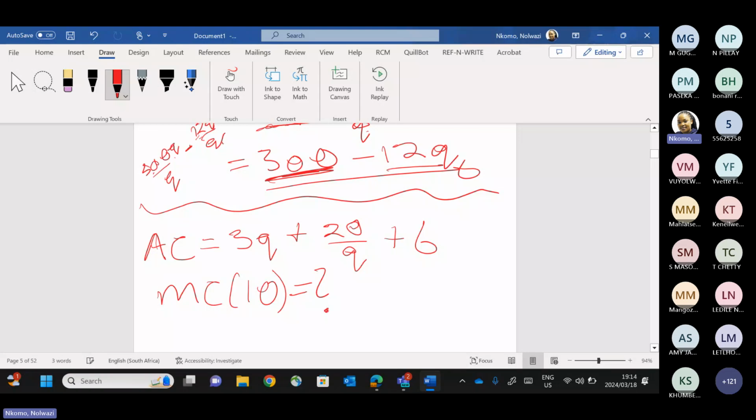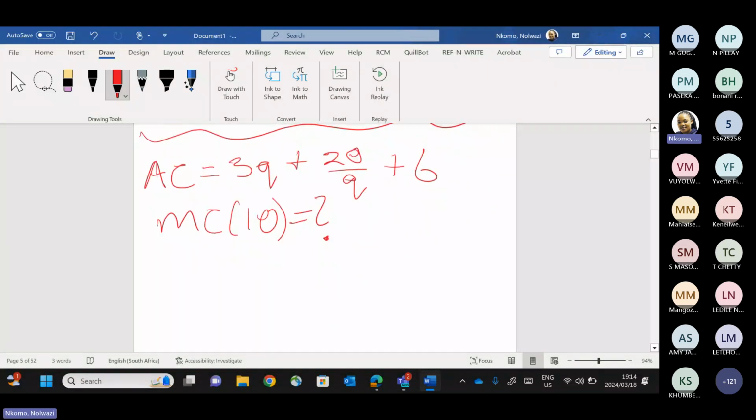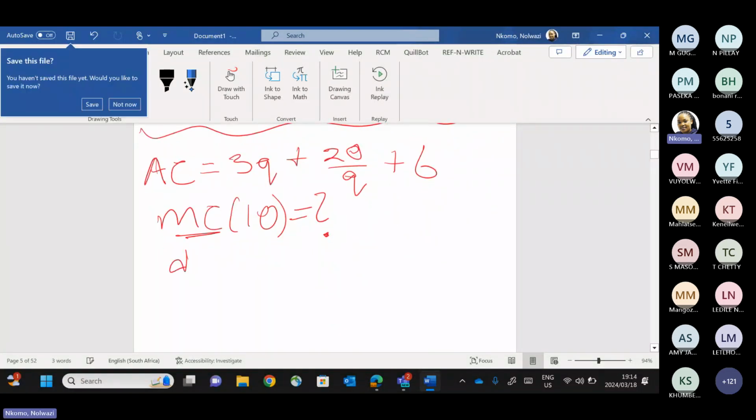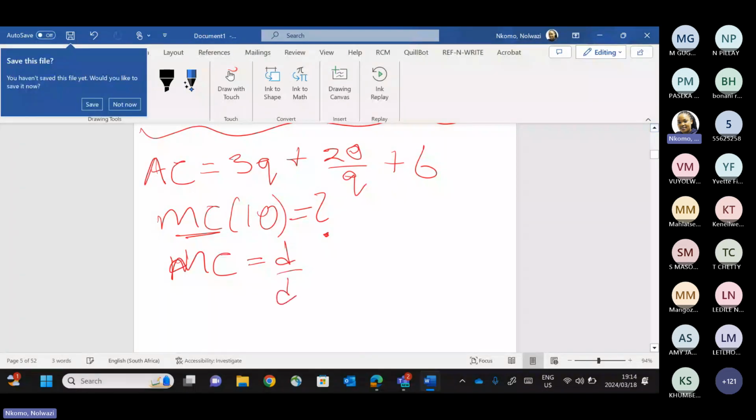Okay, you are given an average cost, and you know that you can find the marginal cost by differentiating the total cost with respect to the quantity.